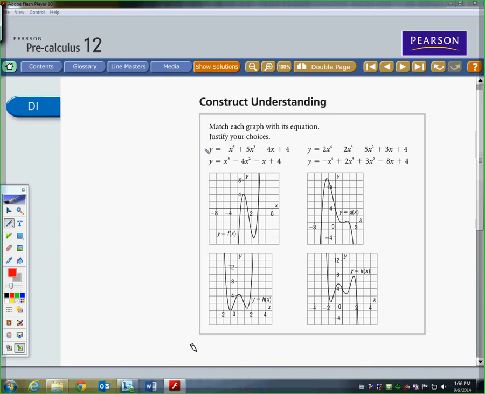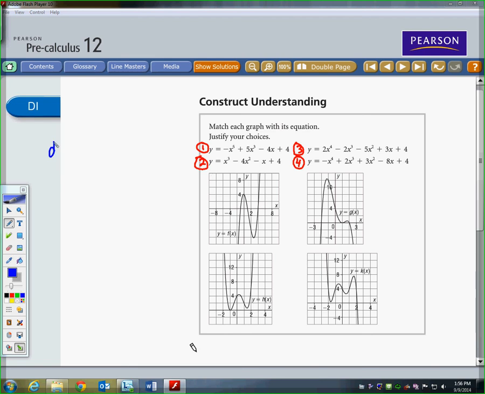I think I'm going to organize my answers here. So here's a 1. I'm going to nice bright red. 2, 3, and 4. And let's talk about this in terms of what degree each of these equations are, and then we'll take a look also at the leading coefficient.